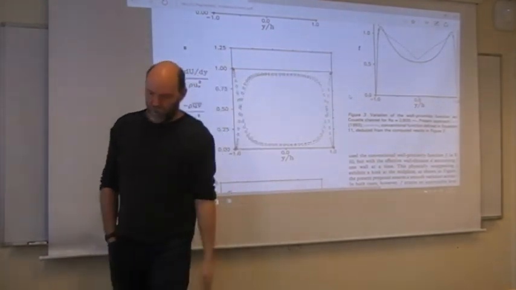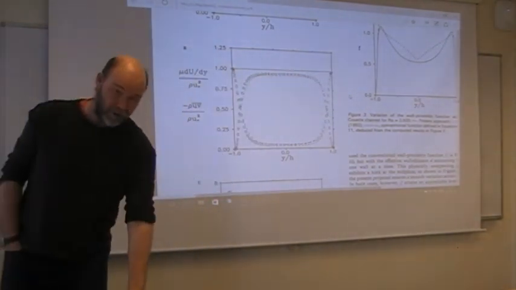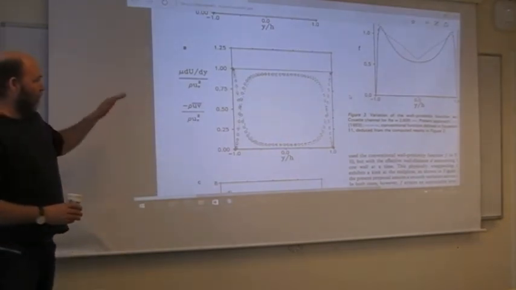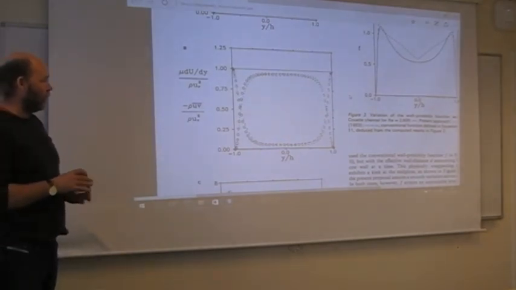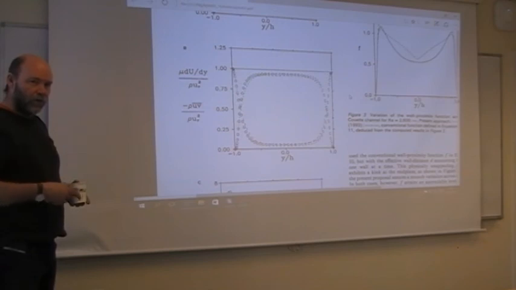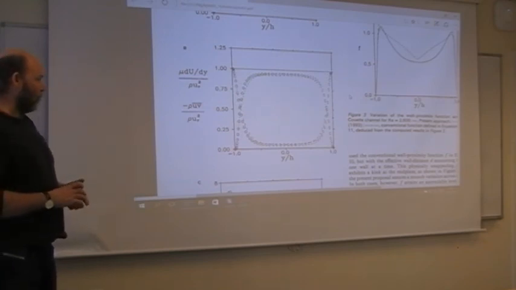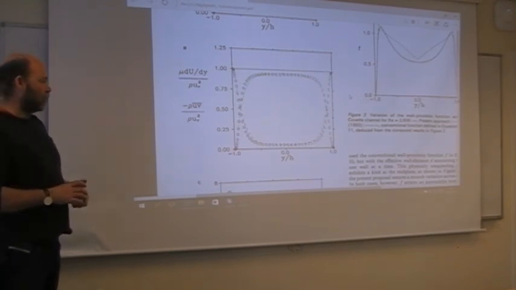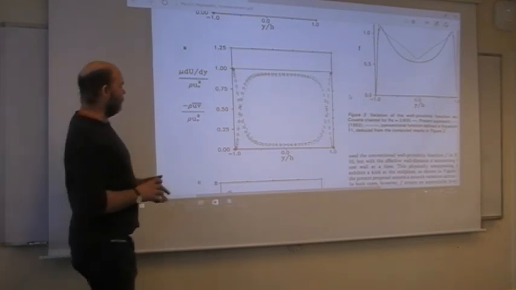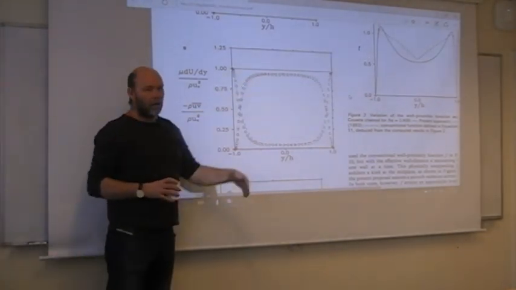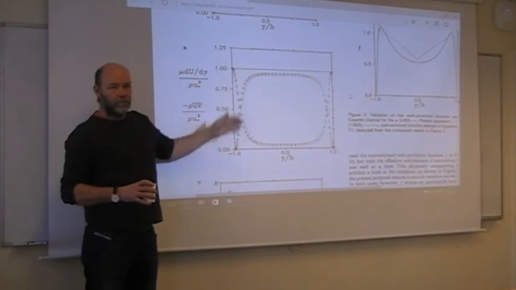If it is, okay, then at least you have got that part right. If there is a little change from one, okay, then you have to simulate further, getting the residual smaller, use more cells to resolve the flow correctly until this is a straight line, because that's sort of unquestionable. It's a good test case.